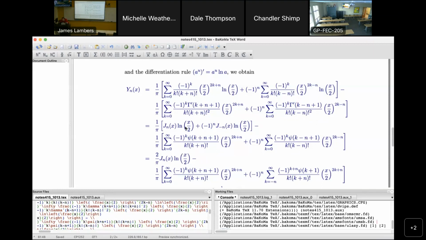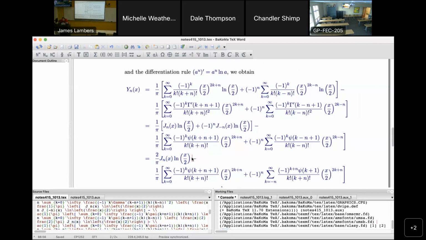Next, J n and minus 1 to the n times J minus n are equal, so that gives me 2 J n. So at least that part is quite condensed.